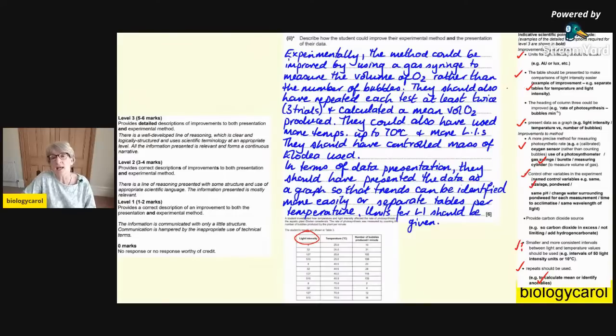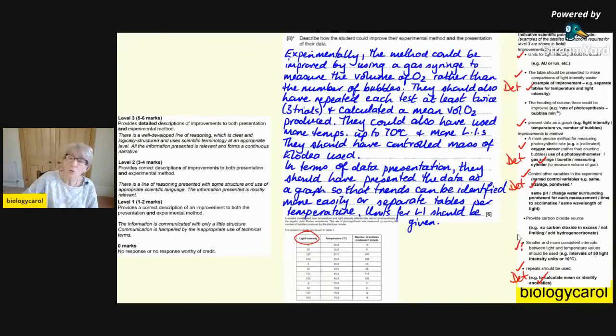So notice here, only here have I written detailed. I've written a detailed point here, a detailed point here, and I wrote a detailed point here. I'm not convinced that I really expressed myself well enough about having smaller and more consistent intervals. Not sure about that.